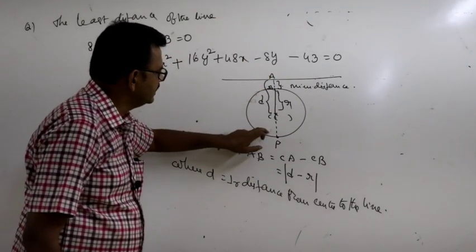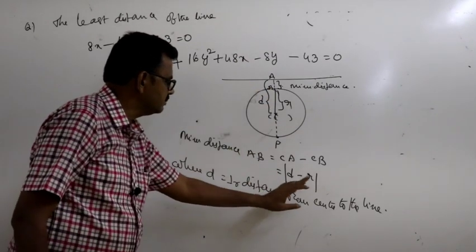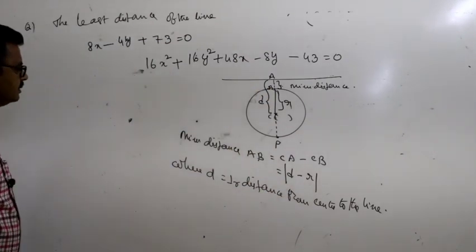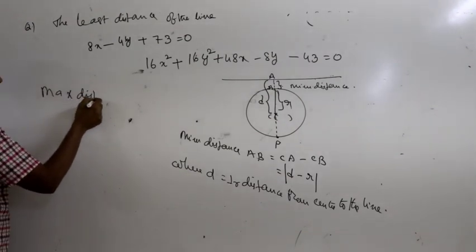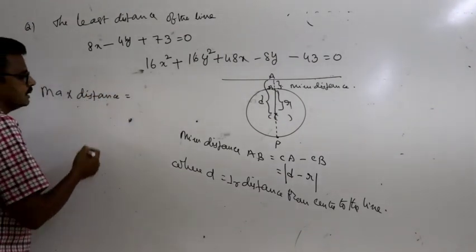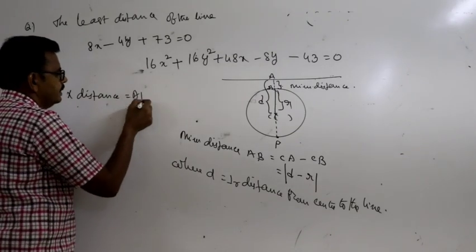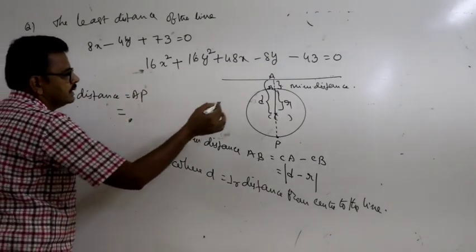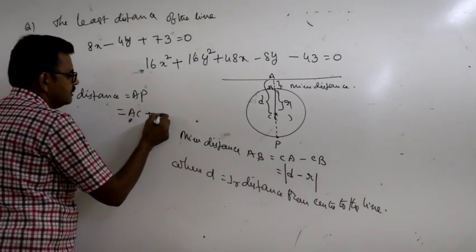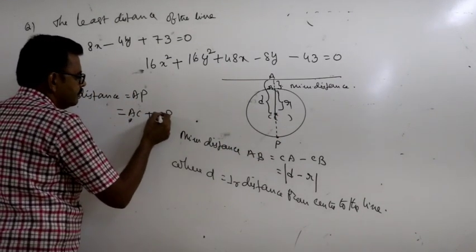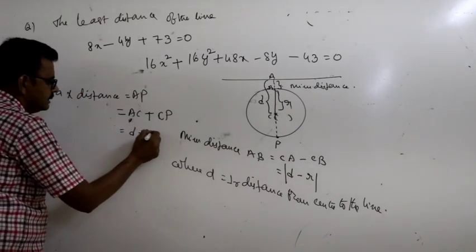AB equal to AC minus BC, that is mod of D minus R. To find the maximum distance, that is AP. AP is equal to AC plus CP, that is D plus R.